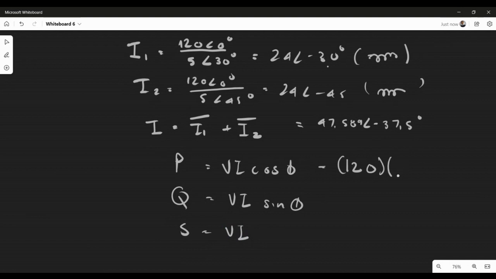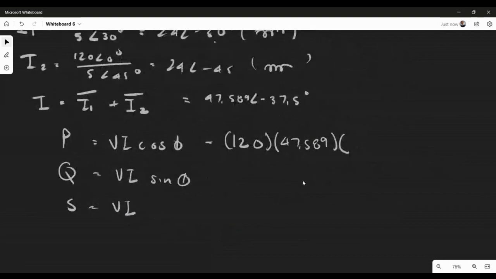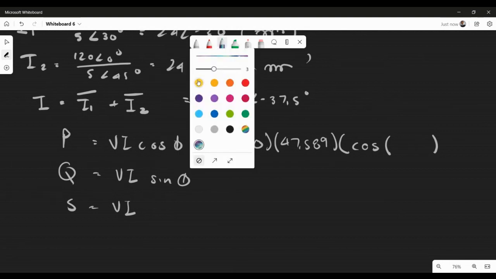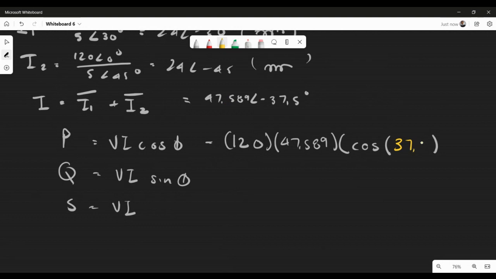I is given as 47.589. Can someone tell me what angle we must use for cos? Yes, the 37.5, exactly, that angle there.